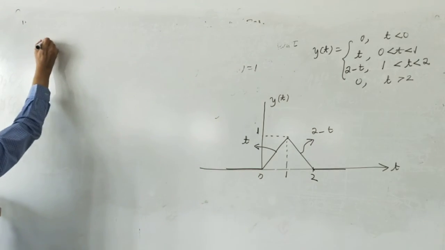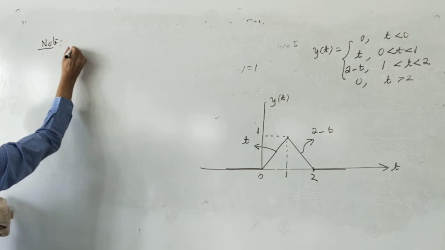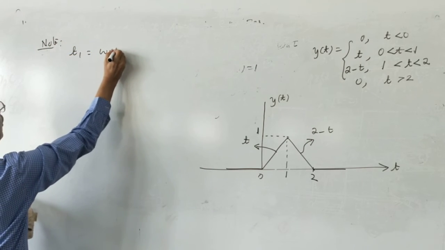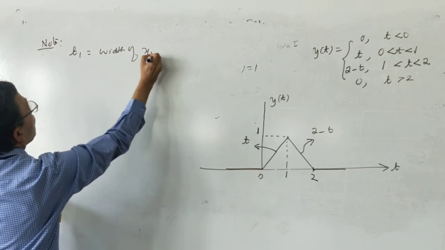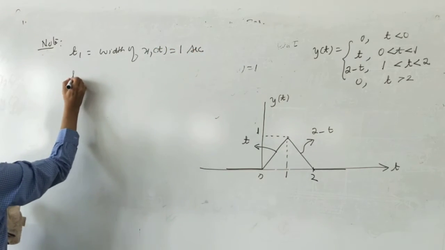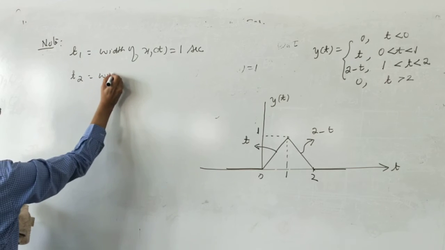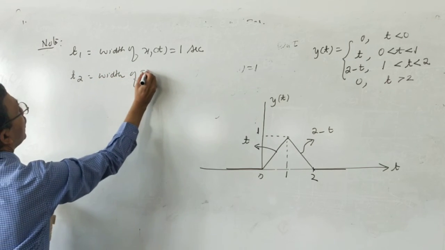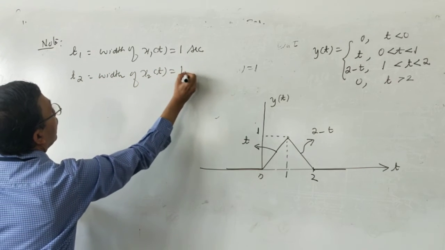Note, T1 equals the width of x1 of t. The width of x1 of t is 1 second. T2 is equal to the width of x2 of t. Again it is 1 second.